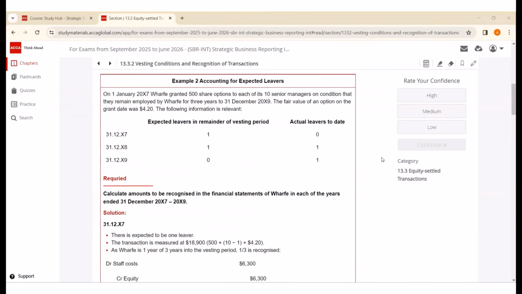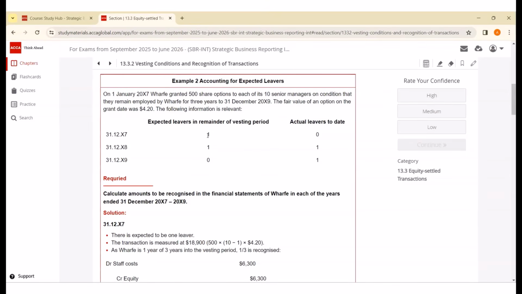Now, the question is telling us over here that when we reach 31st December 20X7, we will expect that one person is going to leave in the remaining vesting period. Then when we reach 31st December 20X8, we will expect that one further person is going to leave. And in the last year, our expectation is that no one is going to leave.